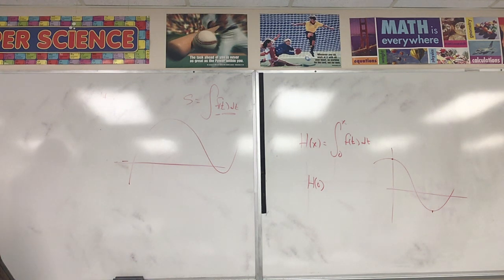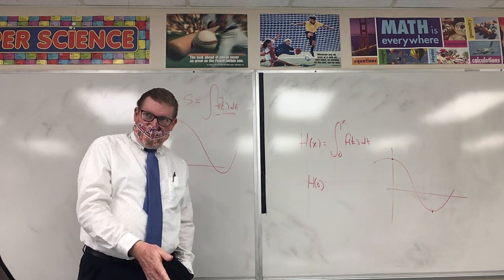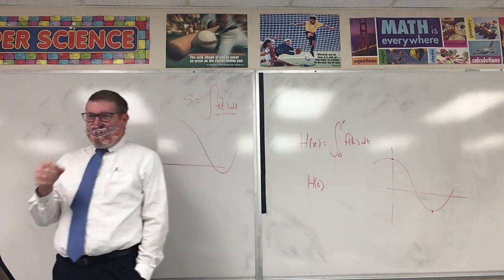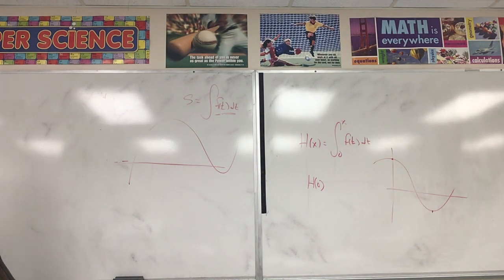Okay? Again, what is the graph I'm looking at? Velocity. So if I want to know where I'm moving toward the origin, is that what it said? Yes. Alright? I should be looking for a velocity that is negative, correct.